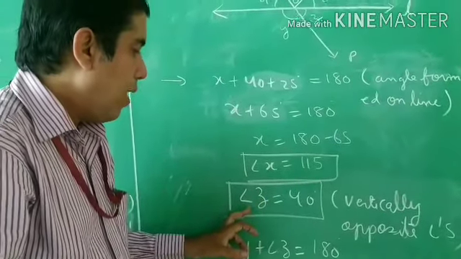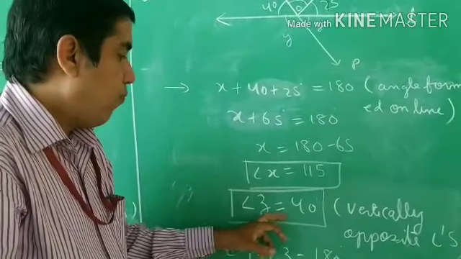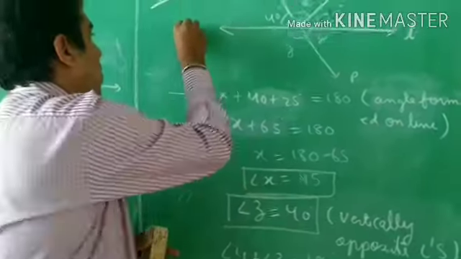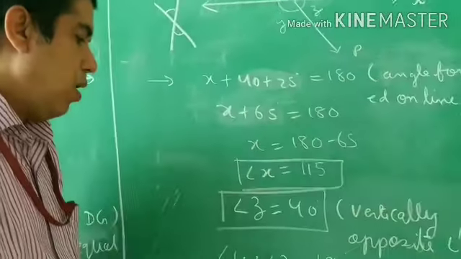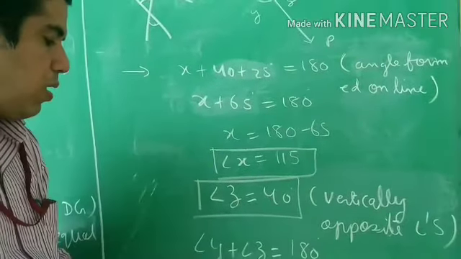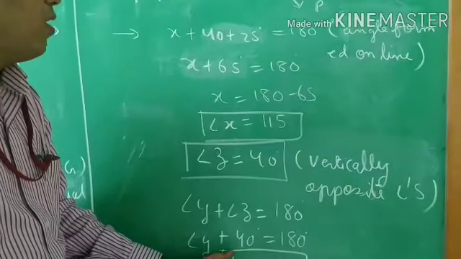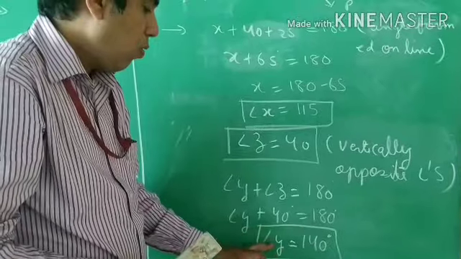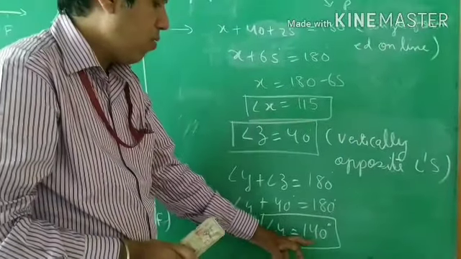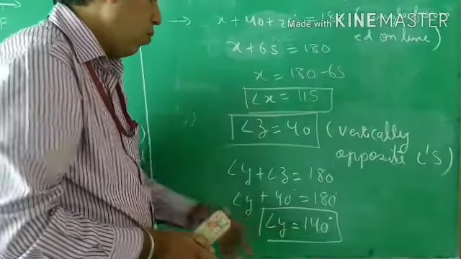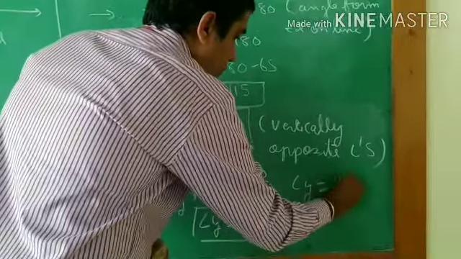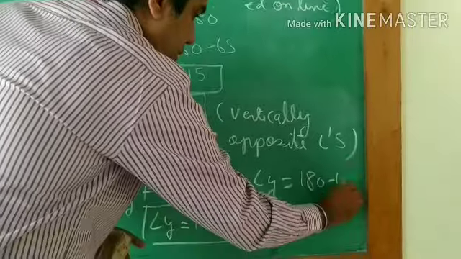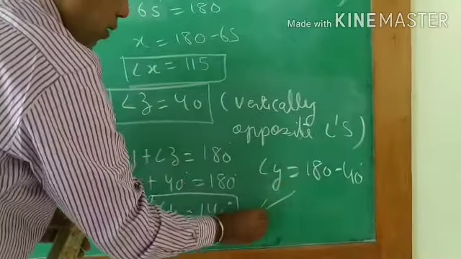So now z is equal to 140 degrees. Why? You can see it is coming in the form of x, so it is 40 degrees. Now y plus z is equal to 180. So y plus z, how much did you get? 40 degrees. So angle y is equal to, how much comes here? I wrote it here like this, but you can write one more step: 180 minus 40, and then you can write this step.